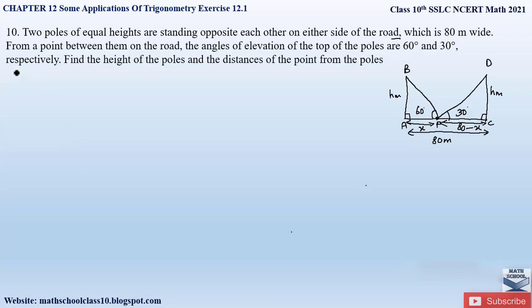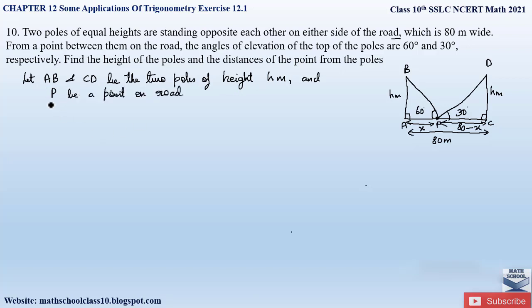Let AB and CD be the two poles of height H meter and P be a point on the road. The width of the road AC is 80 meter. So AP is X meter and PC is 80 minus X meter.